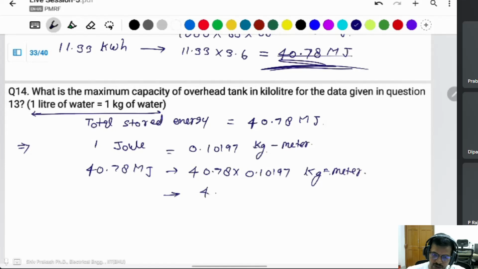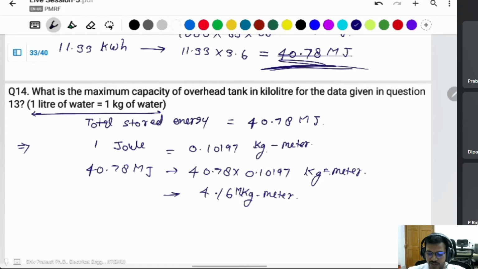It will be 4.16 kg meter. It will be mega, then it will be mega kg meter.